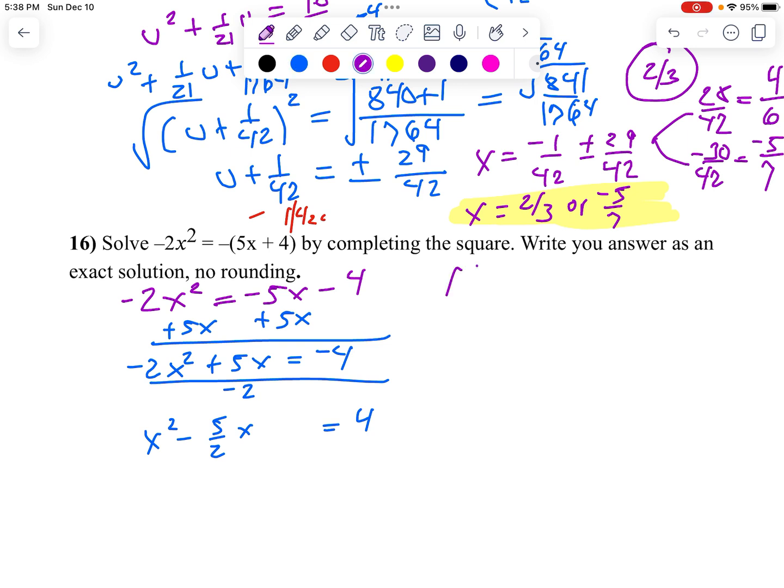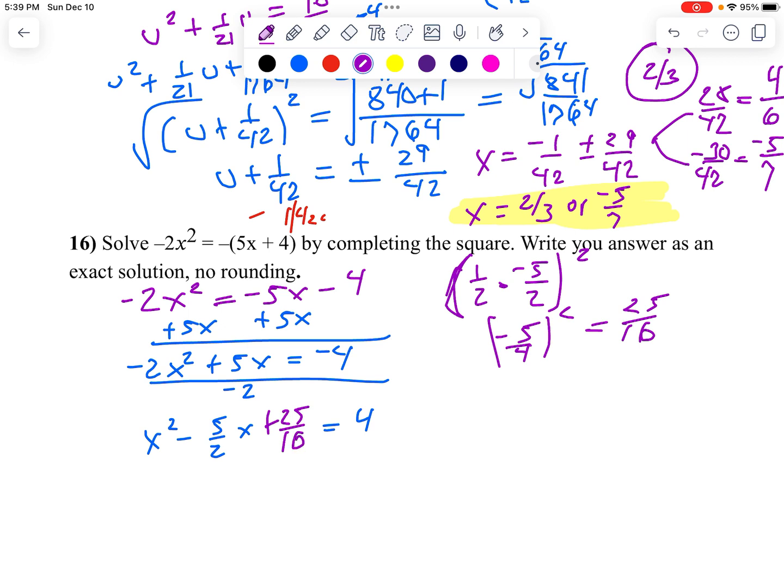Then I'll go to the side. I'll take half of negative 5 over 2, and I'll square that. So I get negative 5 over 4 squared, which is 25 over 16. So I'm going to add 25 over 16 to both sides.